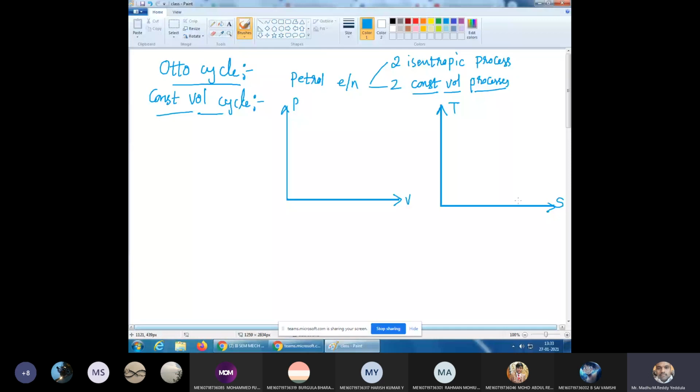So the Otto cycle consists of 2 isentropic processes and 2 constant volume processes. Remember. Right, first I am going to draw the PV diagram.